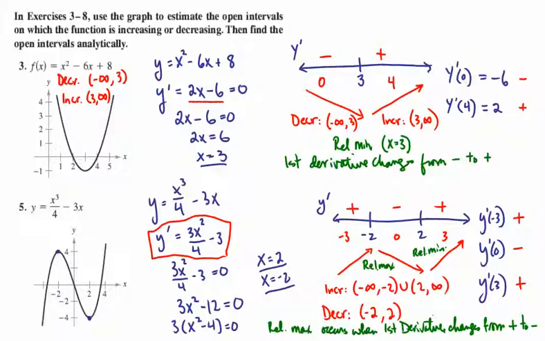A relative minimum occurs when the first derivative changes from negative to positive. All right, so hopefully this illustrates what we need in here. And we'll go on to 6 through 8 in the next video.